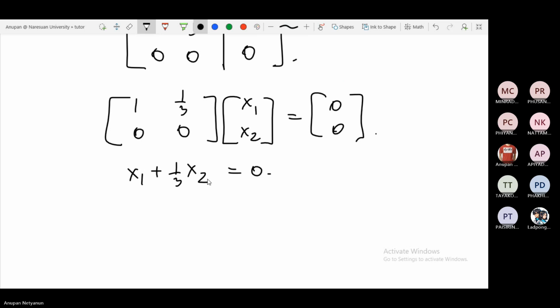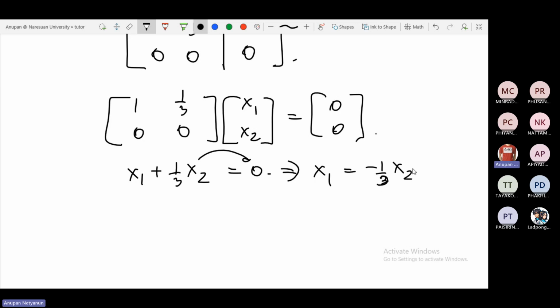Then you can see that you have the leading coefficient for x1, but the leading coefficient for x2 is missing. That means x2 is free. So you can write x1 in terms of x2: x1 equals, moving this to the other side, negative 1/3 x2.